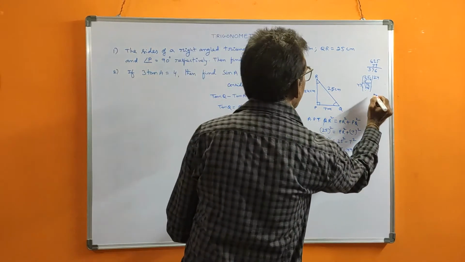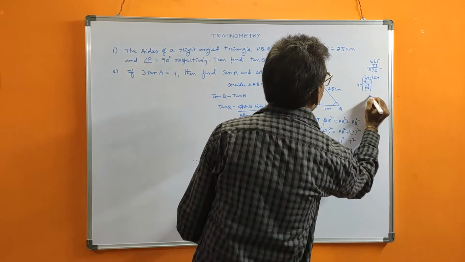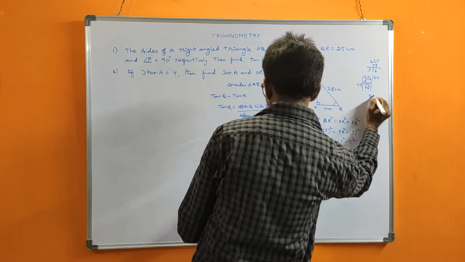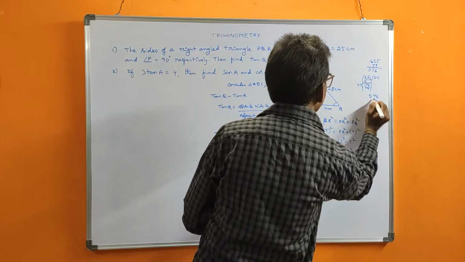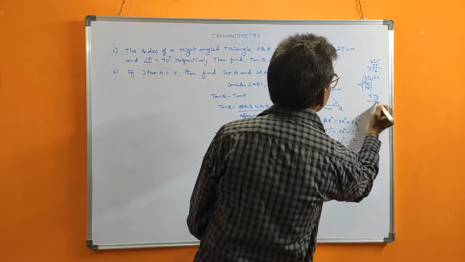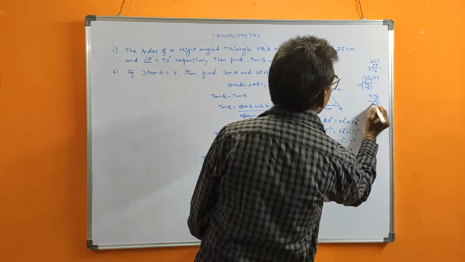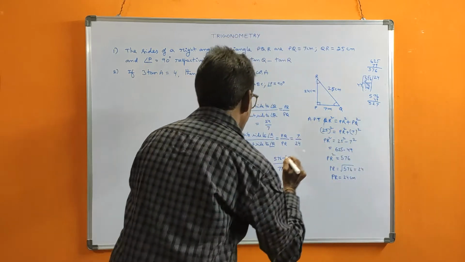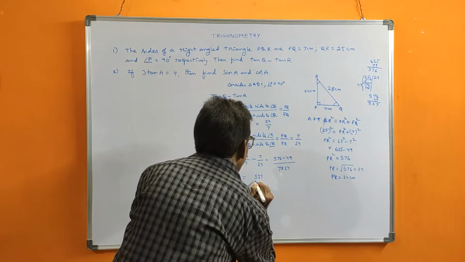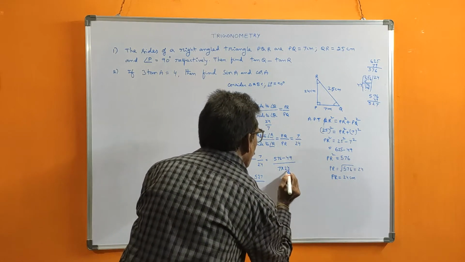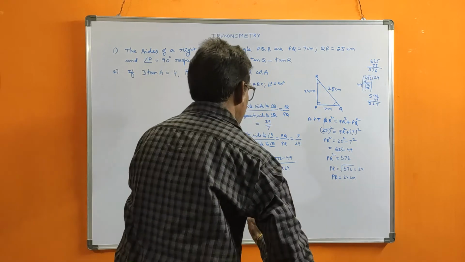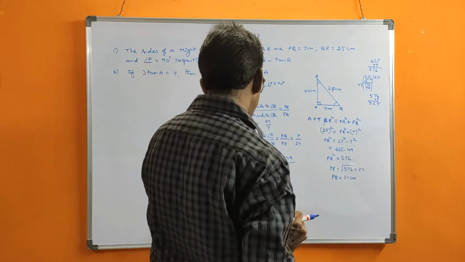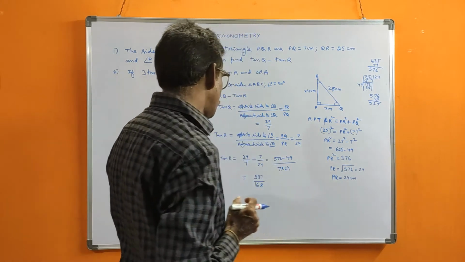Now what is there? 576 minus 49. So 16 minus 9 is 7, 6 minus 2, 5, so 527. See, in the denominator, 7 4s are 28, 7 2s are 14 plus 2, 16.